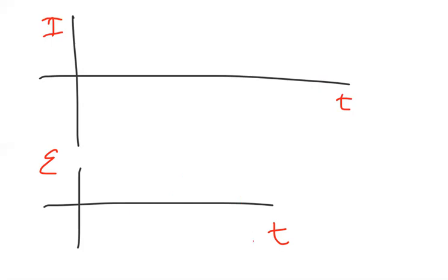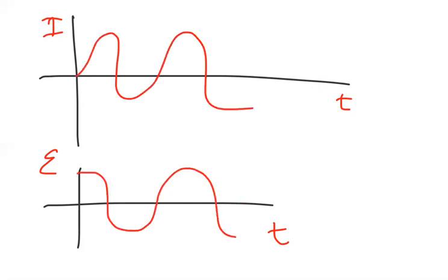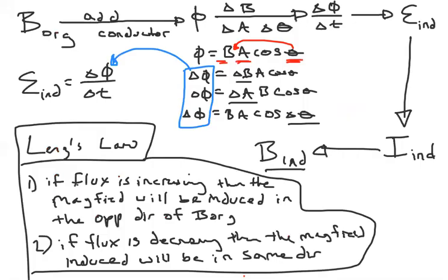Let me do it this way. It's that. So potential leads the current. And why? Because of induction, right? I'm not going to have this induced current without a potential first. So potential has to lead the current. It has to come before it.